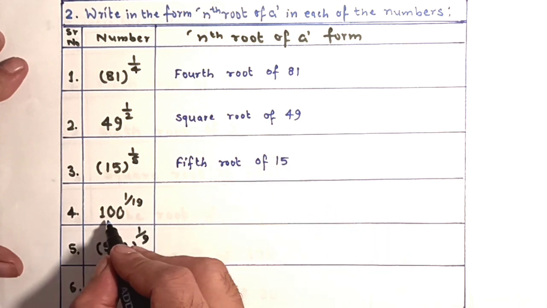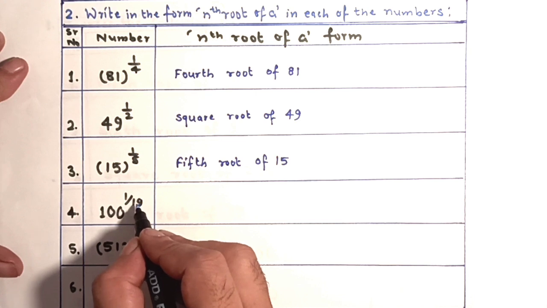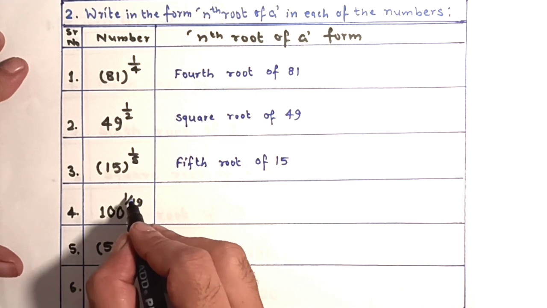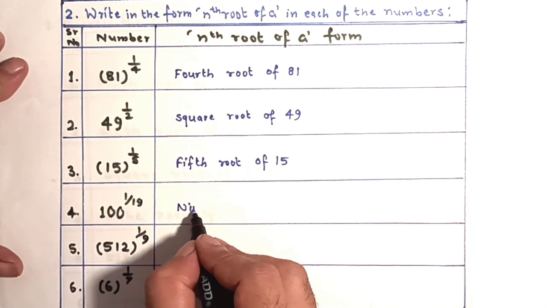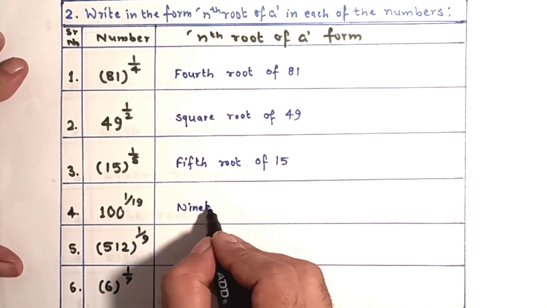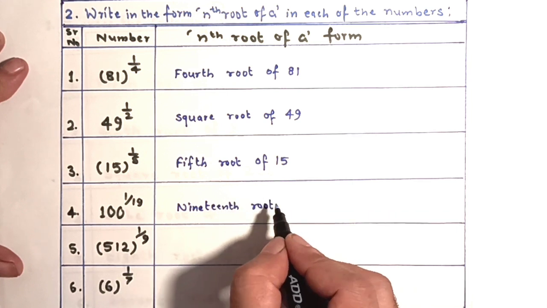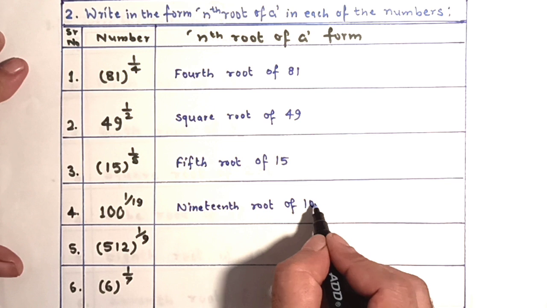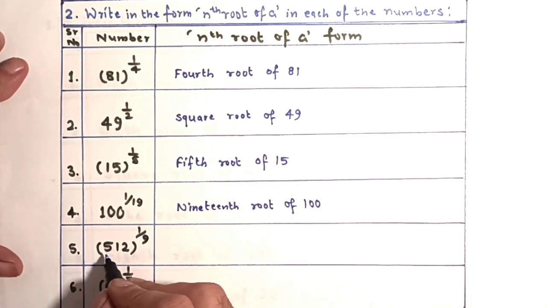Next, 100 raised to 1 upon 19. So 1 upon 19 means 19th root. So we'll be writing 19th root of 100.